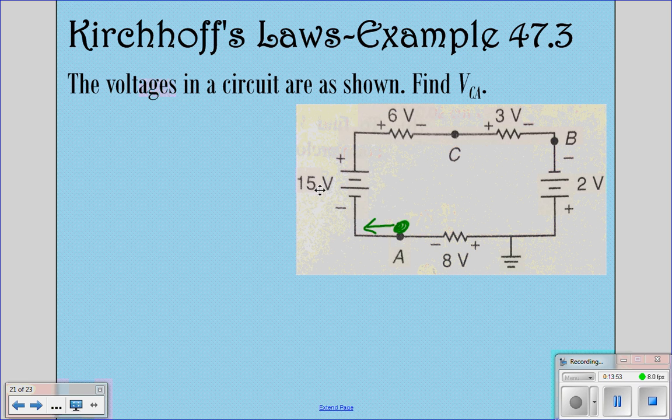And so we hit a negative 15. And then if you keep going, you hit a positive 6. And then if you keep going around, you hit a positive 3. Oh wait, there's C right there. We don't have to go to the 3. To go to C, you get a negative 9.